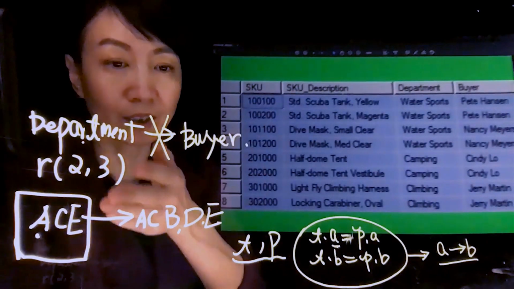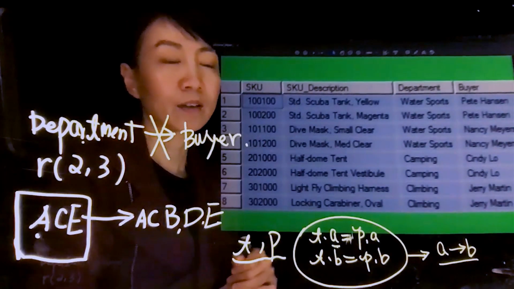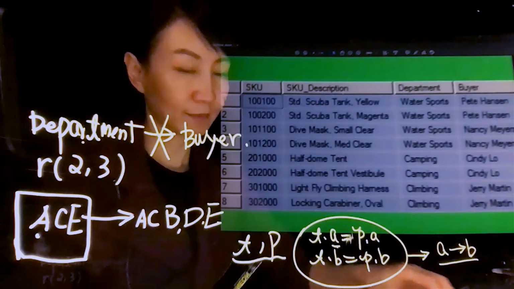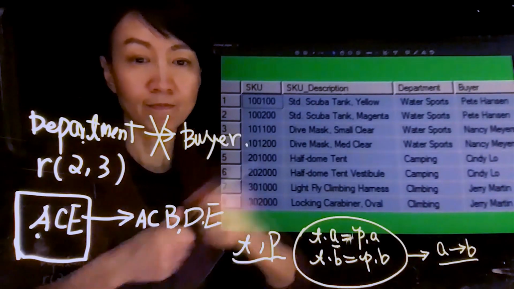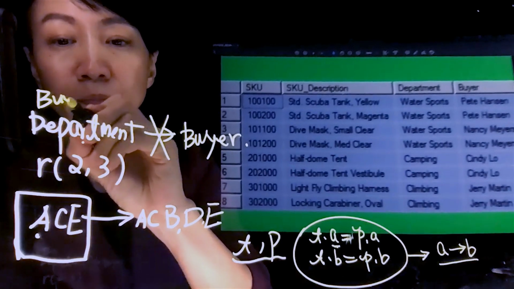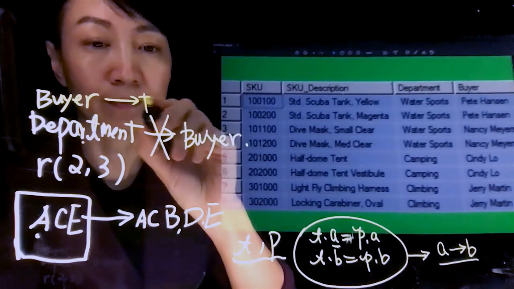Then we can check if this FD is true. Conversely, can bio determine department?